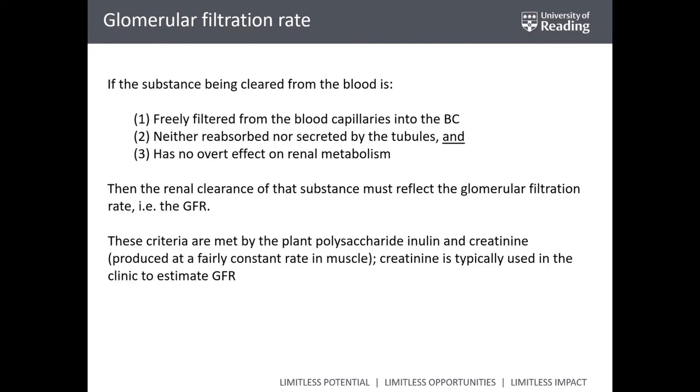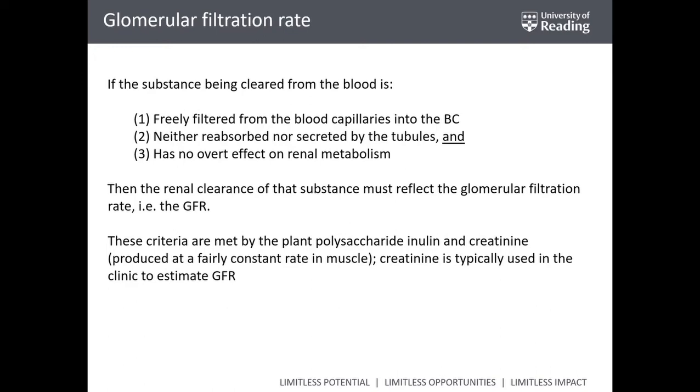So we don't have a way to directly measure the glomerular filtration rate. It's not like we can easily take samples of filtrate and look at the ratio of different substances between the plasma and the filtrate.